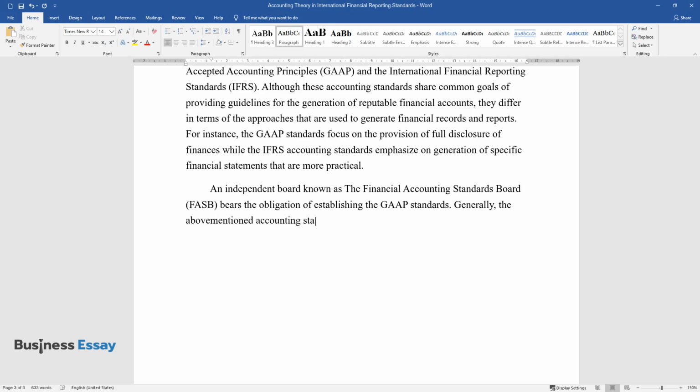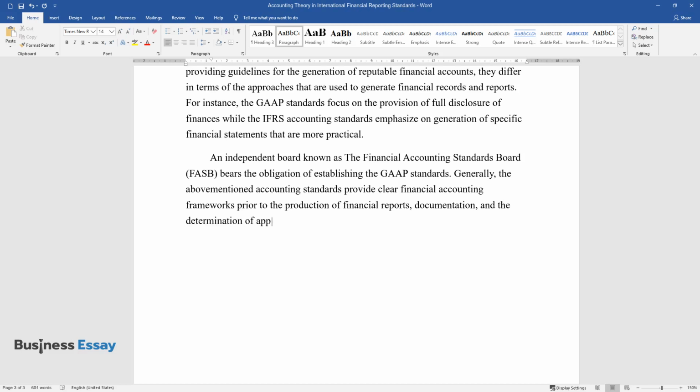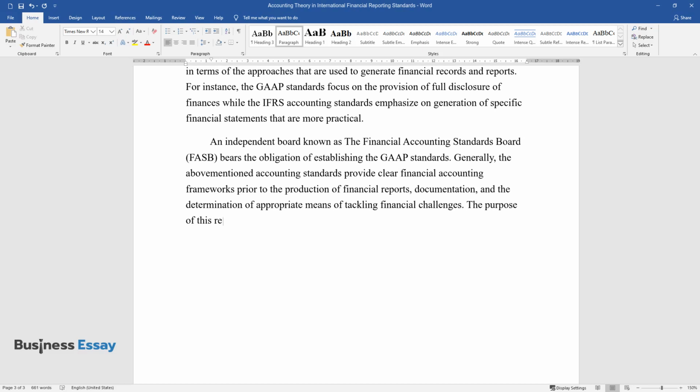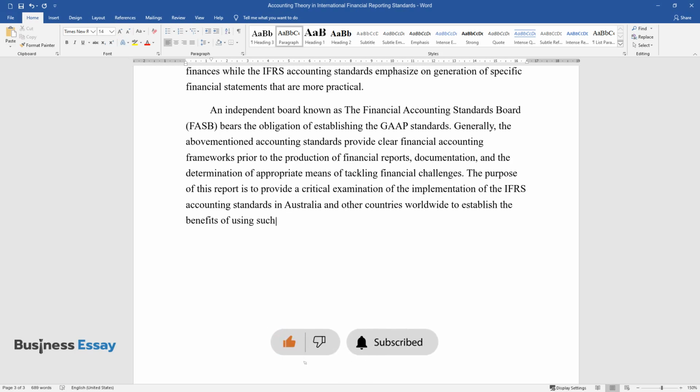Generally, the above-mentioned accounting standards provide clear financial accounting frameworks prior to the production of financial reports, documentation, and the determination of appropriate means of tackling financial challenges. The purpose of this report is to provide a critical examination of the implementation of the IFRS accounting standards in Australia and other countries worldwide to establish the benefits of using such accounting standards in contemporary corporations.